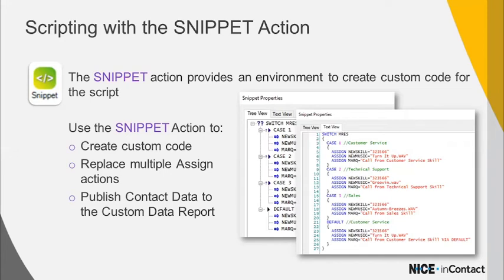If my one case is to route this call, you can also say it as a menu: menu one should go to customer service, menu two technical support, menu three sales, and menu four default service. So in Studio they are using a snippet option for defining a menu option.